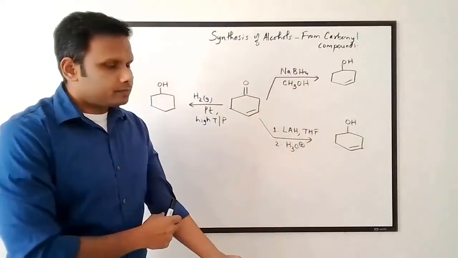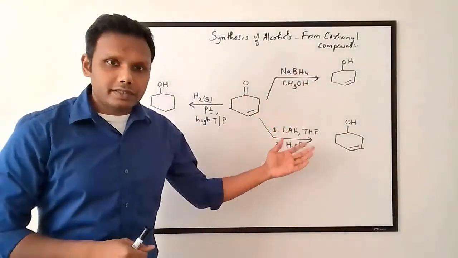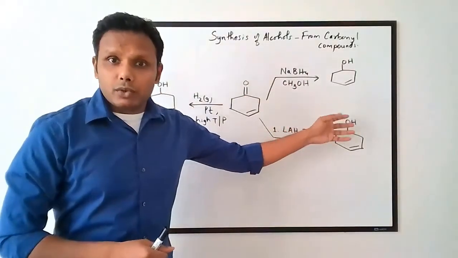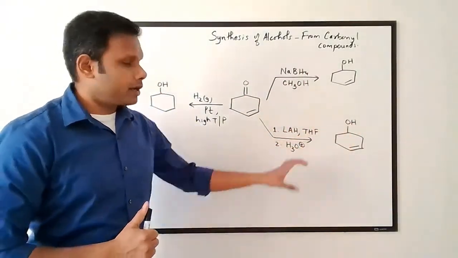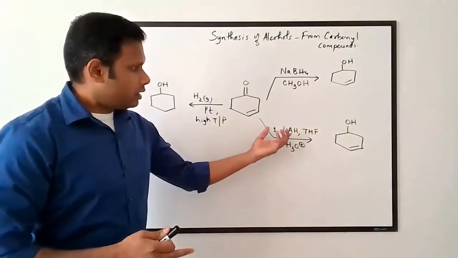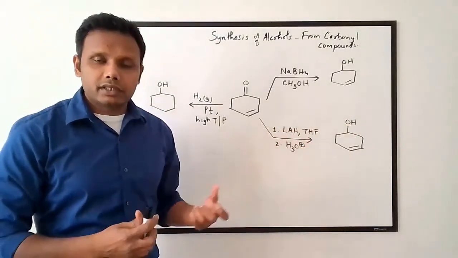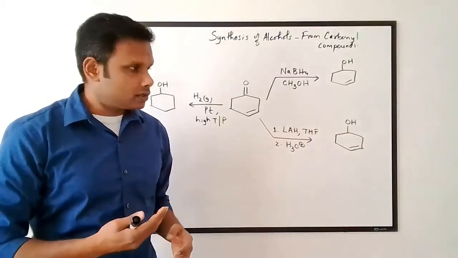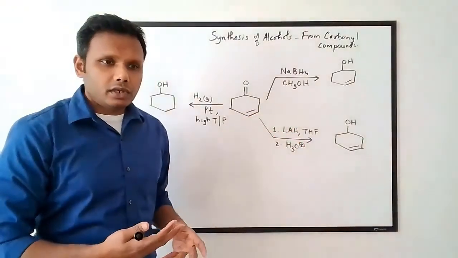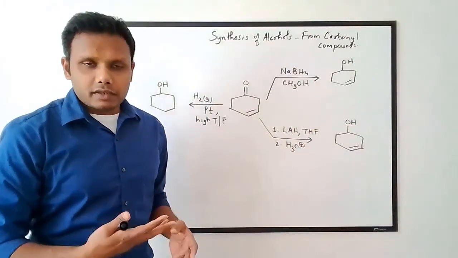Now, this is in a scenario where there are no other functional groups present in your molecule. As we will see later, lithium aluminum hydride, because it is a stronger reducing agent, can reduce other functional groups like carboxylic acid derivatives.